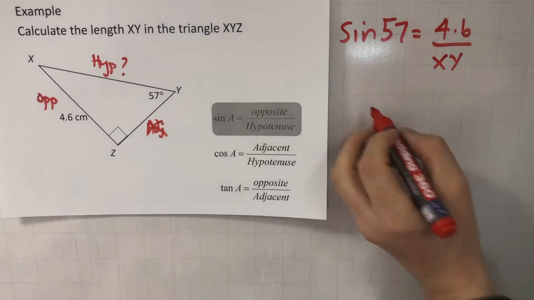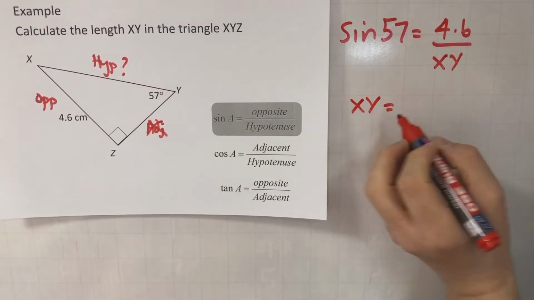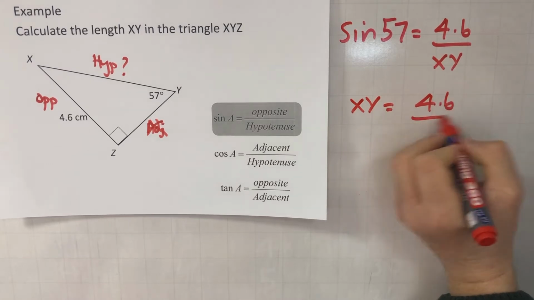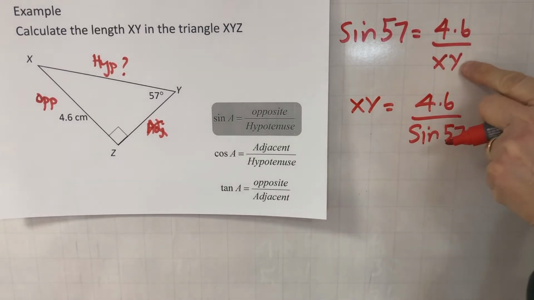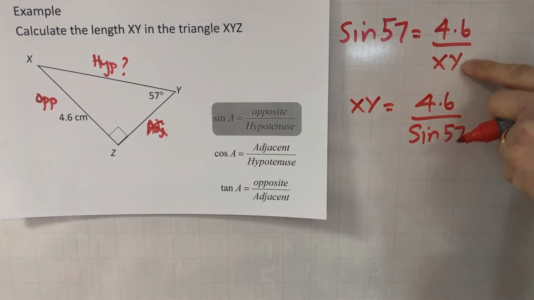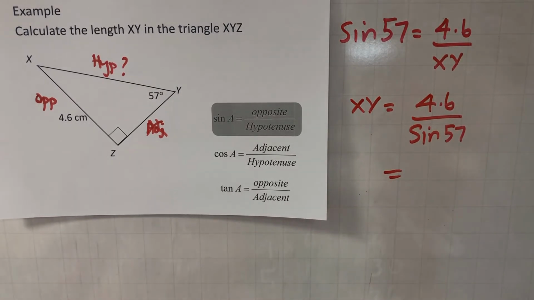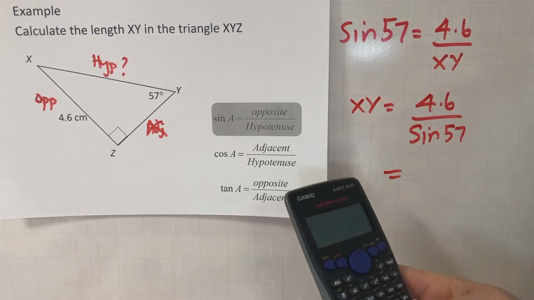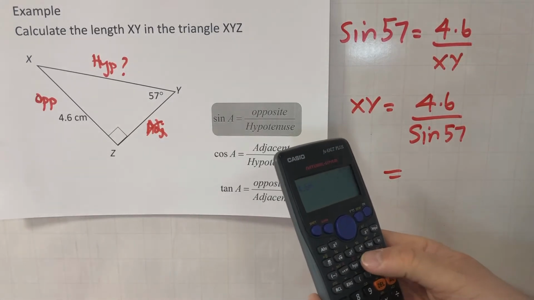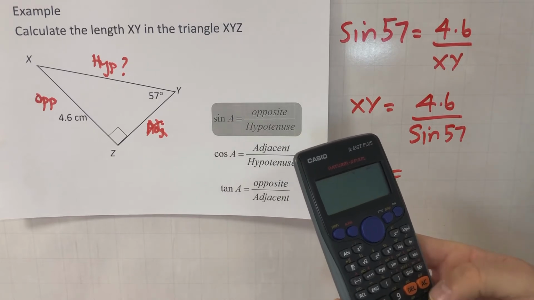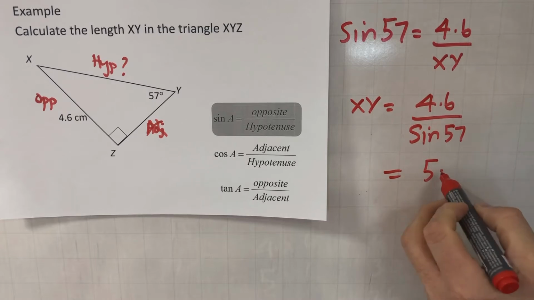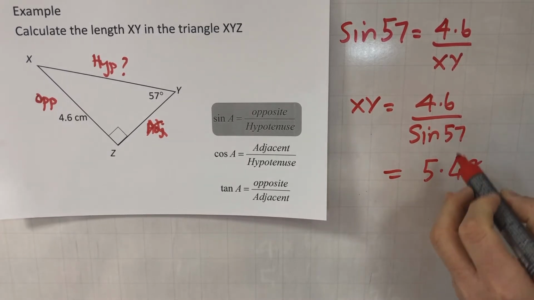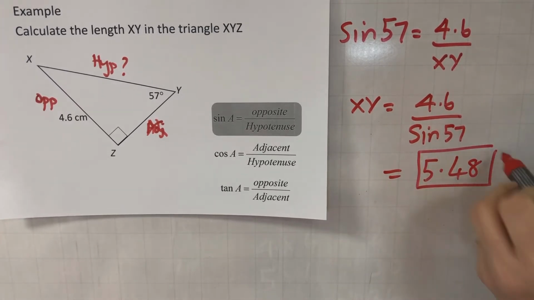And as with the previous work, to work out xy, we would divide, because we're trying to find the denominator. So putting that into the calculator, we've got 4.6 divide sine 57 equals, and that comes out as 5.48, and it stays as an 8 because it's a 4 I'm cutting off.